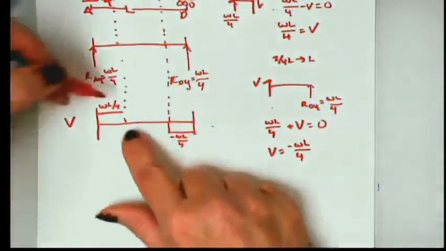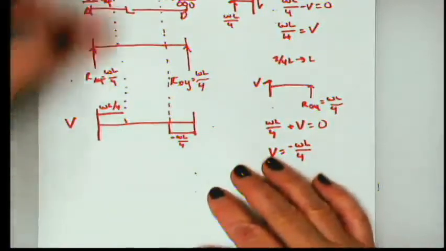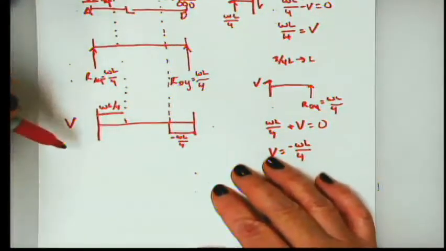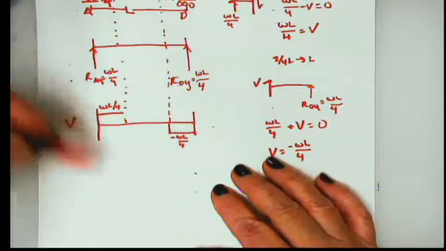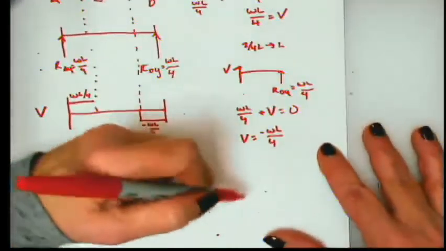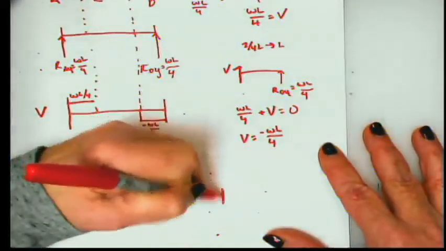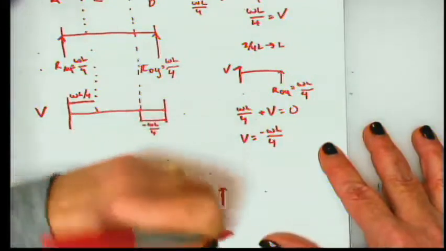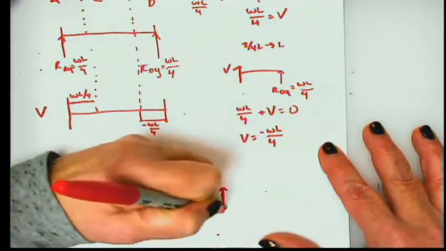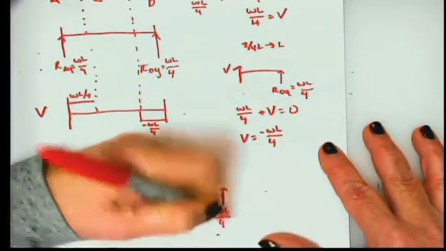All right, so let's draw a cut just arbitrarily into that load curve. I'm going to start on the left with my reactive load, WL over 4.